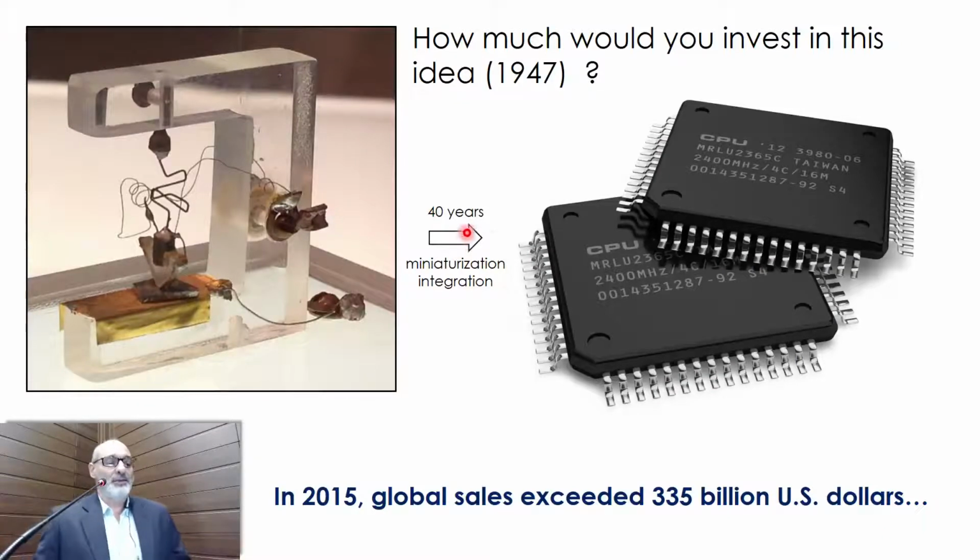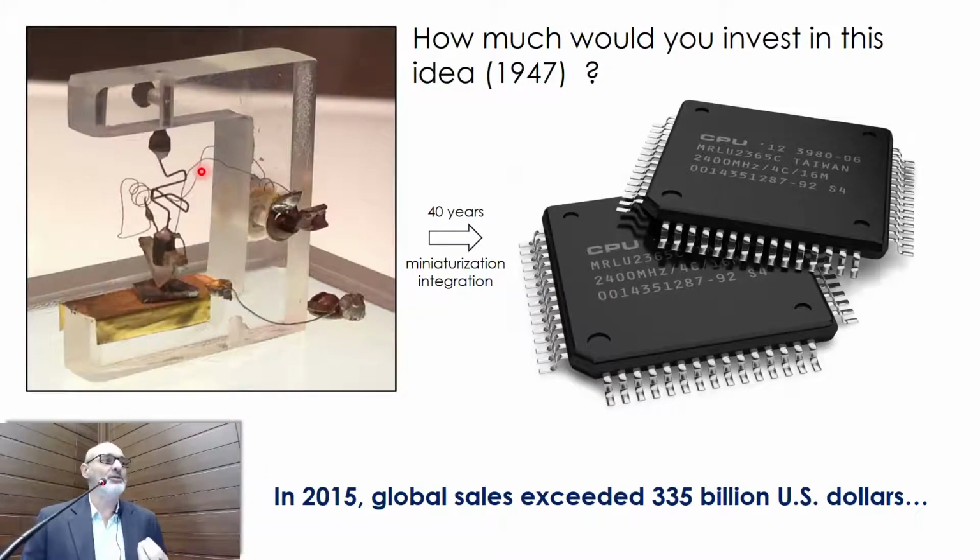Jumping to the end of the story, 40 years later, with the incorporation of other maturing technologies, this brought about the microprocessing technologies, CPUs and so on. The processor market alone was $335 billion in 2015.